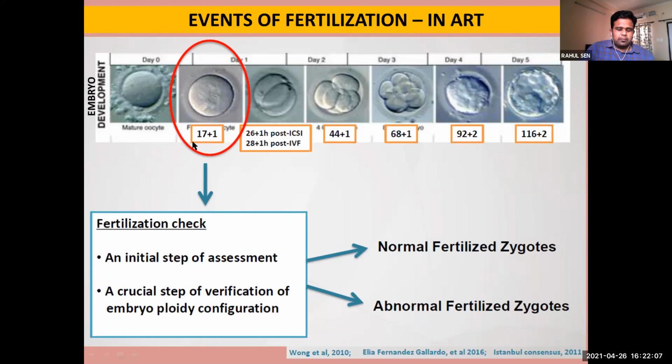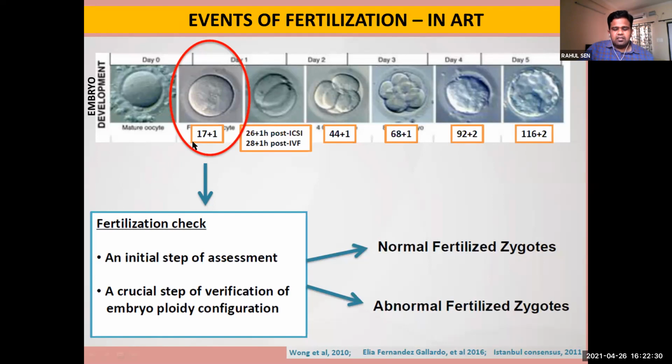Coming to the topic we are discussing, on day 1, that is 17 plus minus 1 hour, as described by the Istanbul Consensus in 2011, the fertilization check is an initial step of assessment.